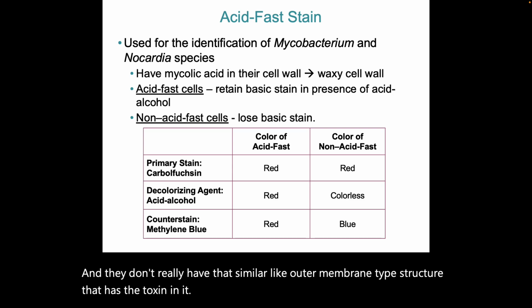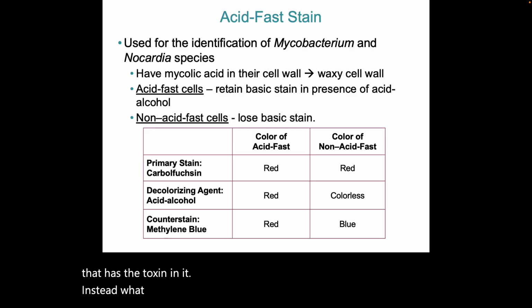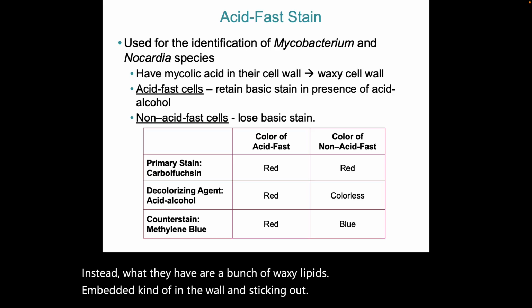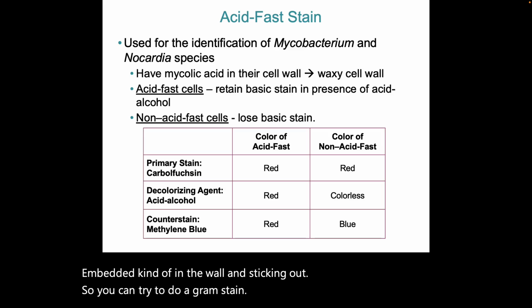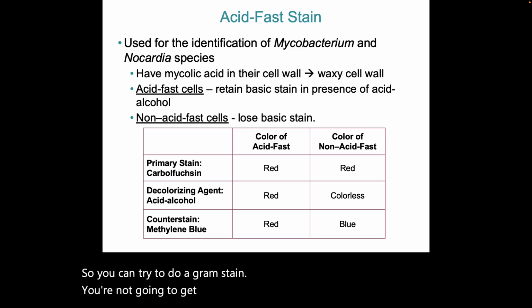Instead, what they have are a bunch of waxy lipids embedded kind of in the wall and sticking out. So you can try to do a gram stain. You're not going to get an answer. These bacteria are called acid-fast.